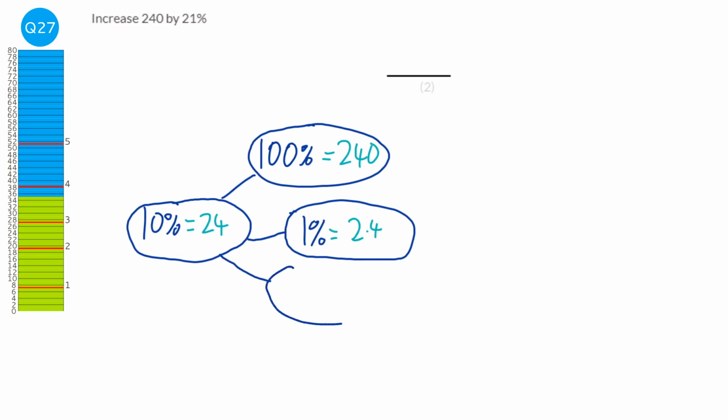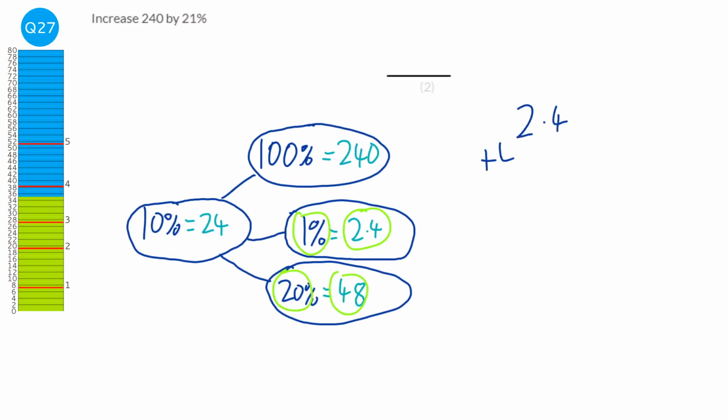And then we need to find out what 20% is. And 20%, we just double the 10%, so it would be 48. And so 21% is this plus this, because 1 plus 20 is 21. So we add these together, so 2.4 plus 48. Probably don't need to do this formally, probably do this in our heads.